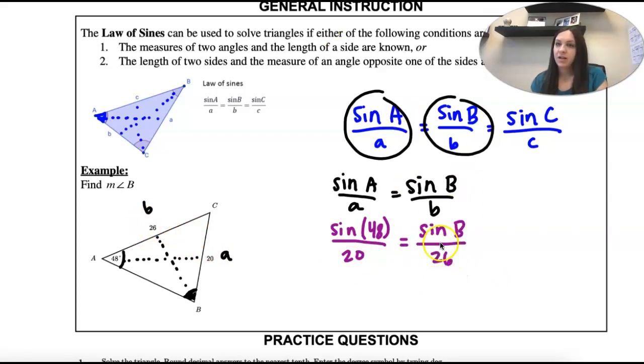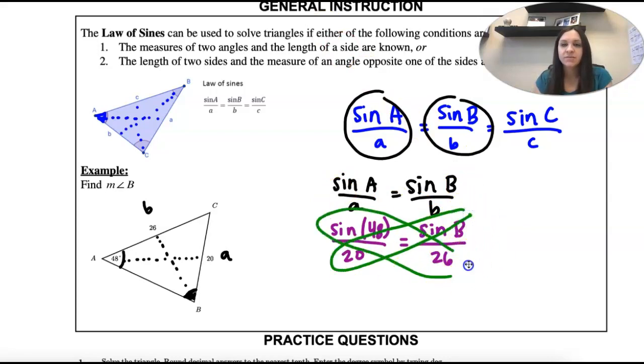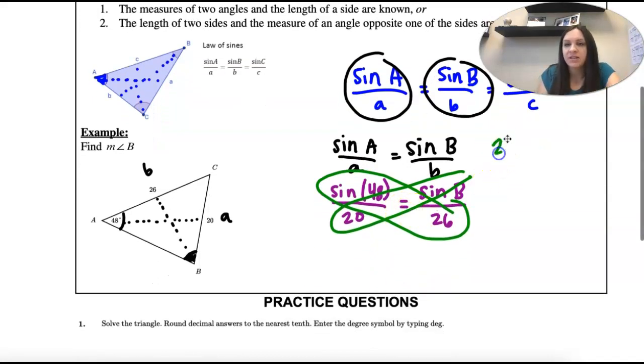When it's all set up, we can multiply both sides. I like to just cross multiply to get rid of the fractions. So we'll have 26 times sine of 48 equals 20 times sine of B.